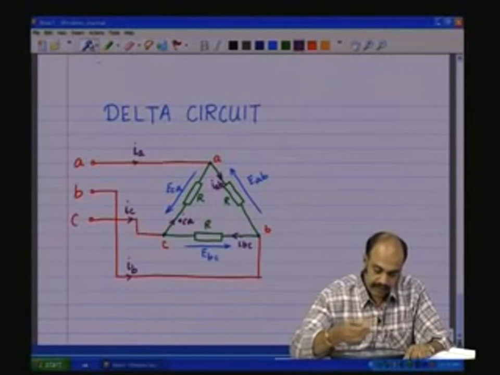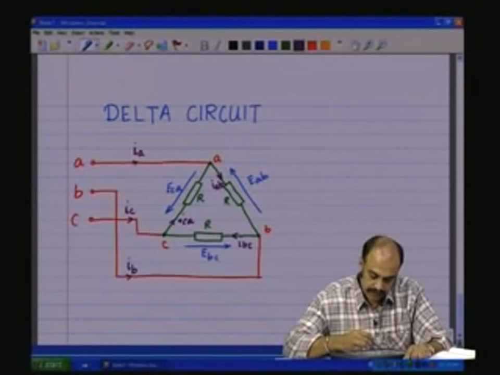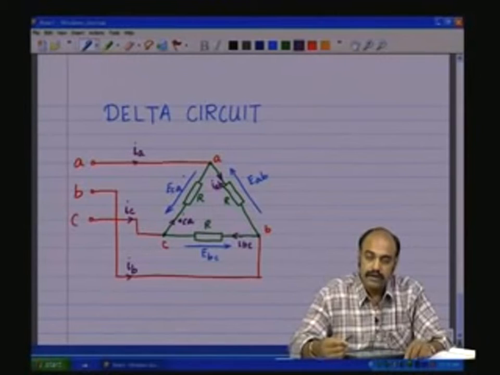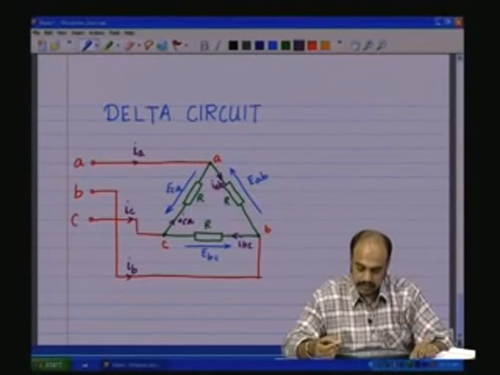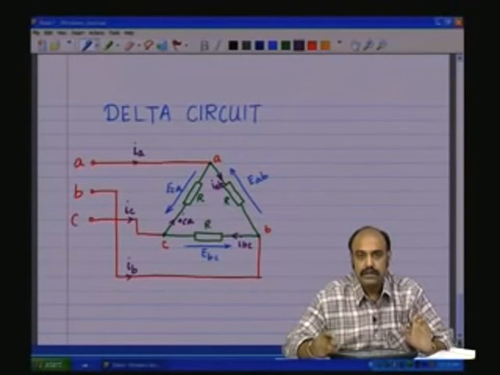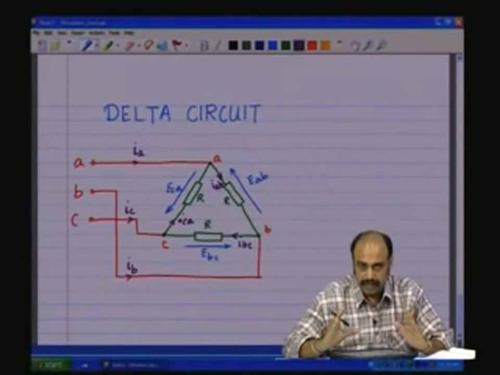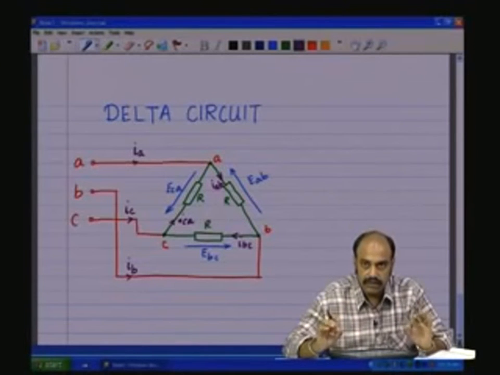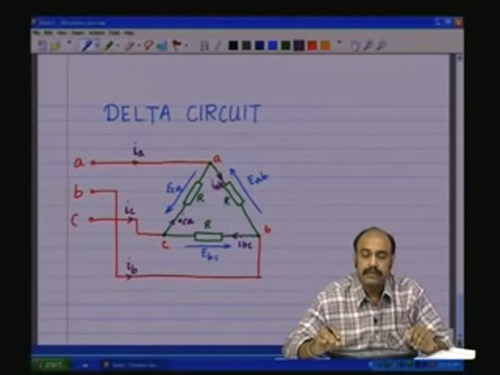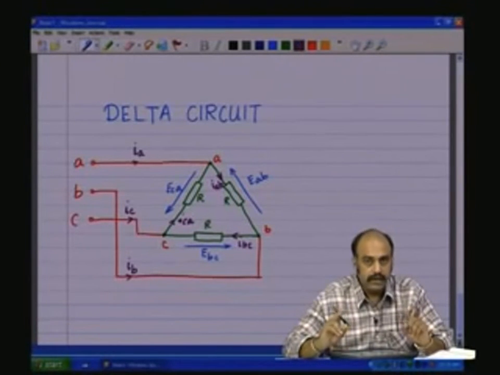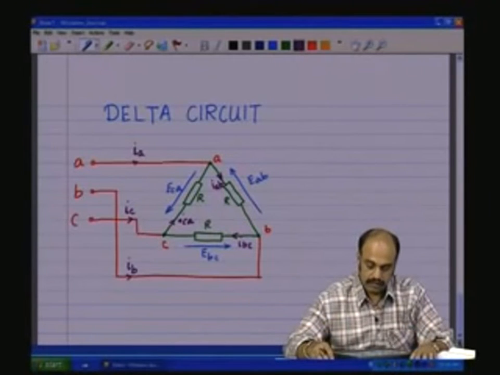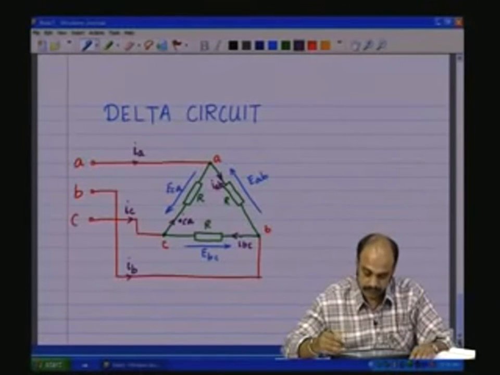So, in the phasor diagram, we first draw the phasor diagram of EAB, EBC, ECA. We know that the line voltages are all having the same effective amplitudes, phasors, but they are all displaced 120 degrees out of phase with each other.